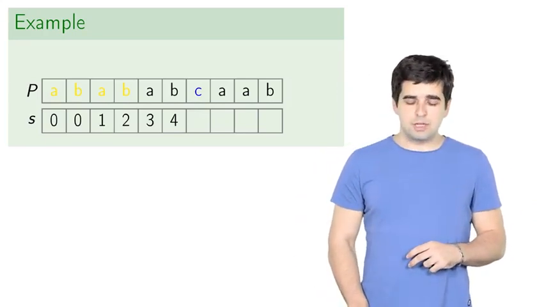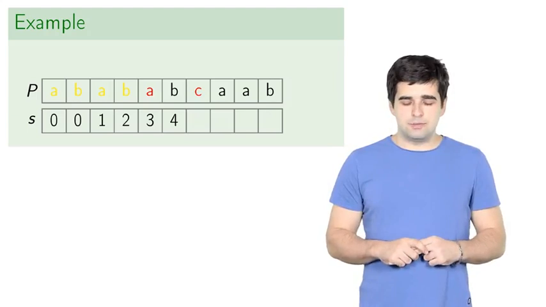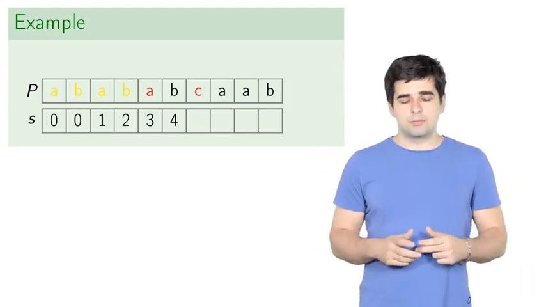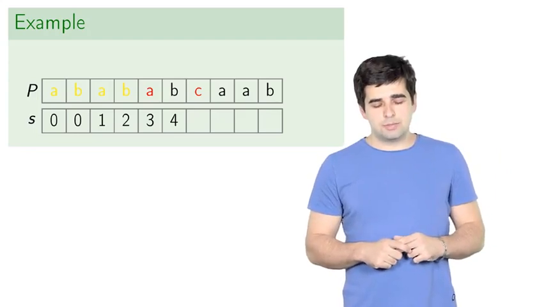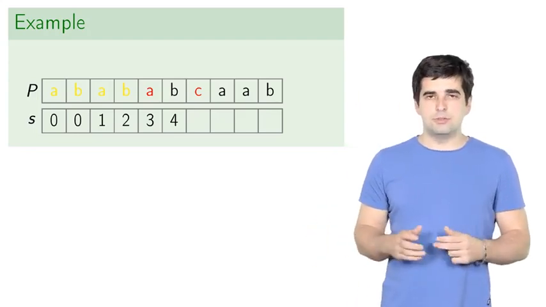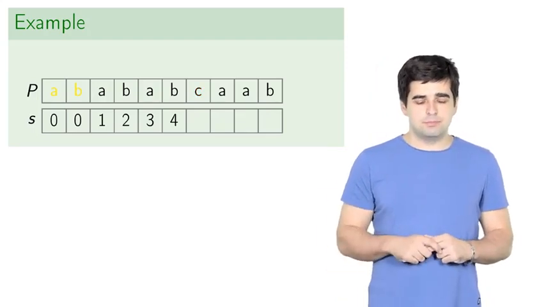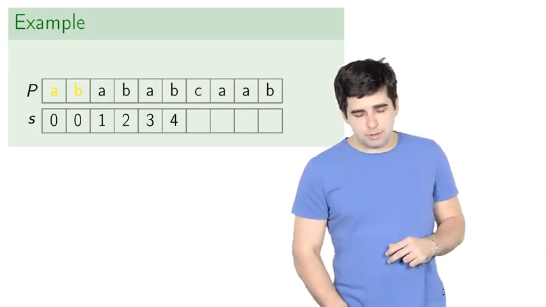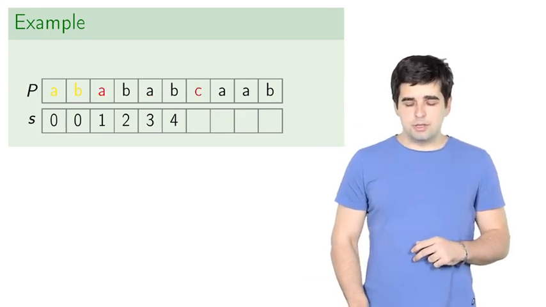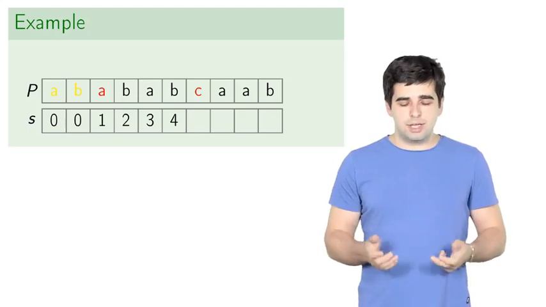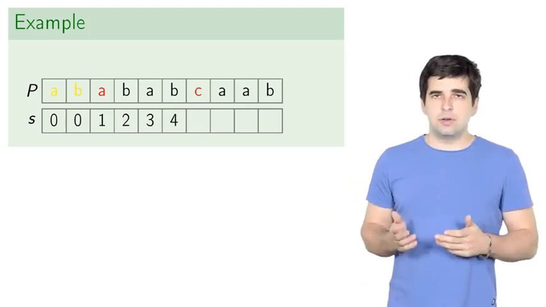Now let's think how to compute the prefix function. We know that s of 0 is 0 because the prefix ending in position 0 has length 1 and has no non-empty borders. Now to compute s of i plus 1, if we already know the values of the prefix function for all the previous positions, let's consider the longest border of the prefix ending in position i. And let's look at the character in position i plus 1 and the character right after the prefix with length s of i.